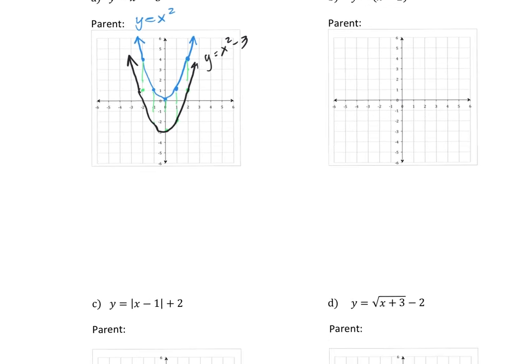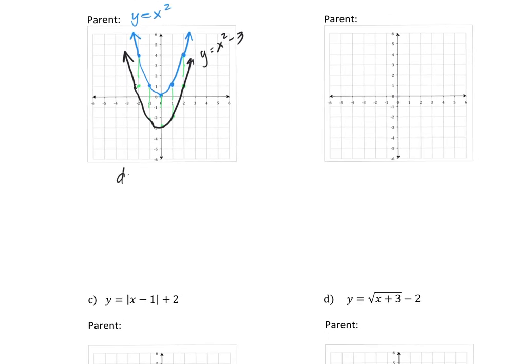When I look at the domain, it did not change. It's still all real numbers, so negative to positive infinity, but my range did change. The first y value I get is here at negative 3. And then I get all the other y values, so it's going to go up to positive infinity. So again, the shift down changed my range.